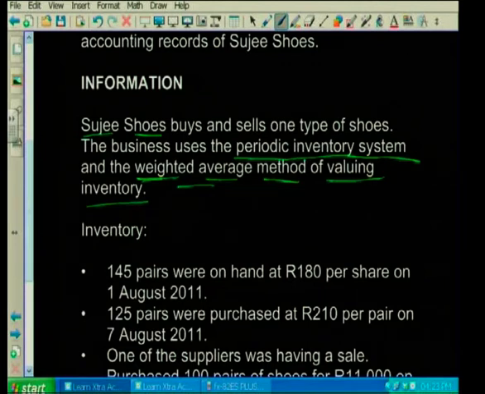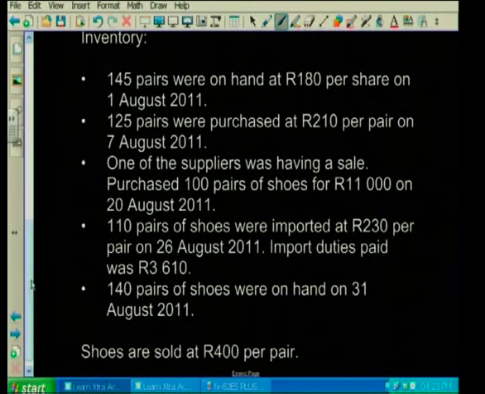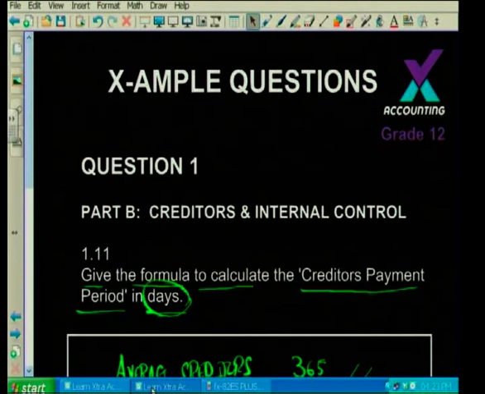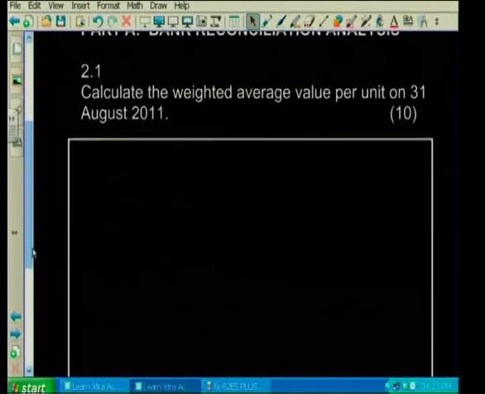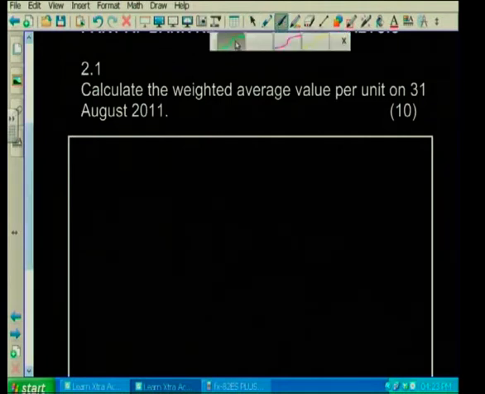Okay, now what does the question expect us to do? There's the detail regarding my question. All the information regarding my question is given to me there. It says here, number 2.1, calculate the weighted average value per unit on the 31st of August.